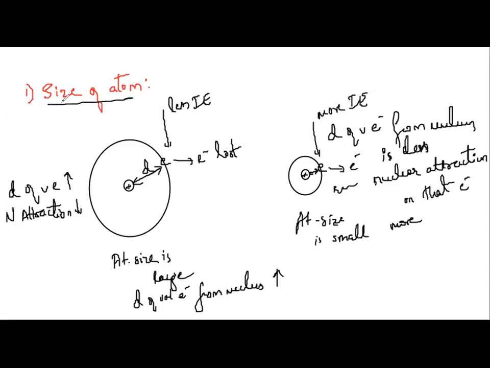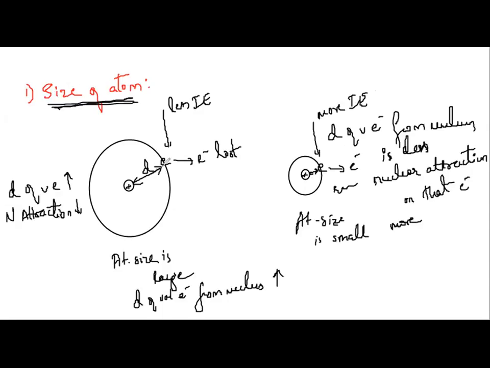So the size of the atom is the first factor. As the size of the atom increases, the distance of the outermost electron from the nucleus increases, and the nuclear attraction decreases.